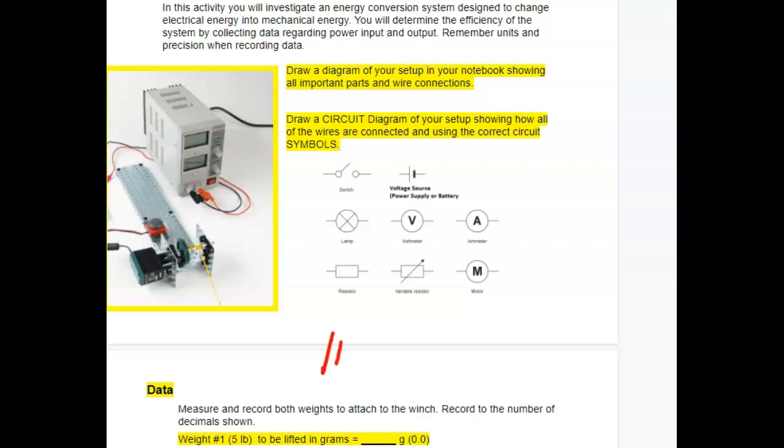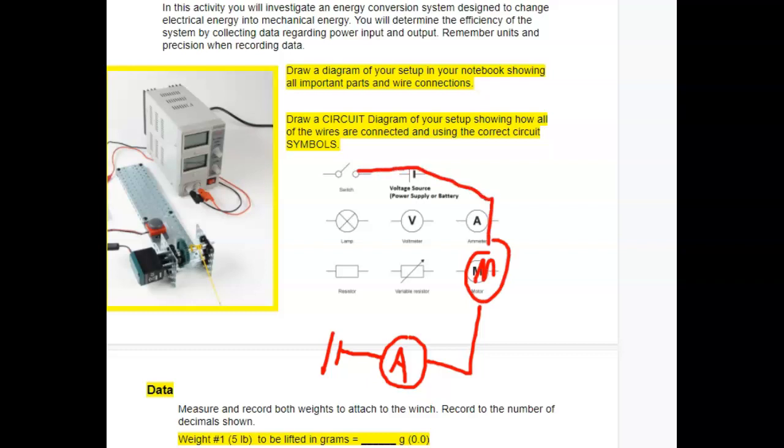Then we have a voltmeter and a current meter. The current meter goes in the circuit, and then this circuit goes up to the electric motor symbol, so I'll put an M here. Then we go back. We have a switch, so we'll put that in there. That's the button that we use as a switch. And then we go back to our battery.